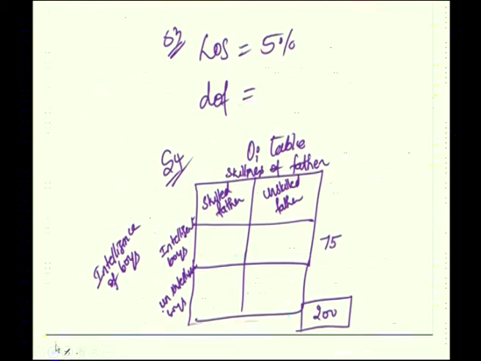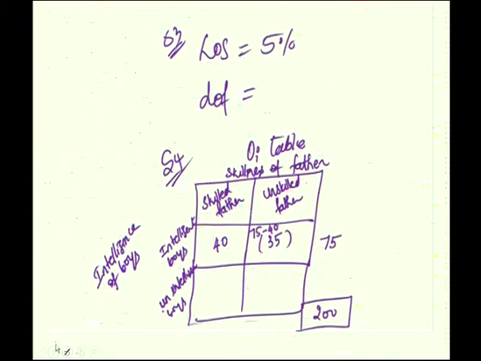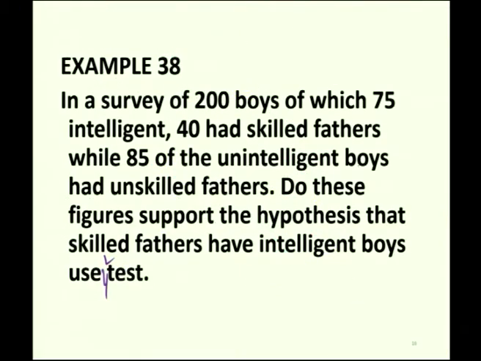Out of 75 intelligent boys, 40 had skilled fathers, so 40 has to be written here. Now, you have to form the values here. Unskilled father will be 75 minus 40, which is 35. Now, the next information given in the question is that 85 of the unintelligent boys had unskilled fathers, that is, unintelligent boys having unskilled fathers. Where does it come?